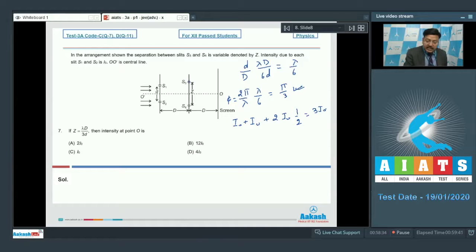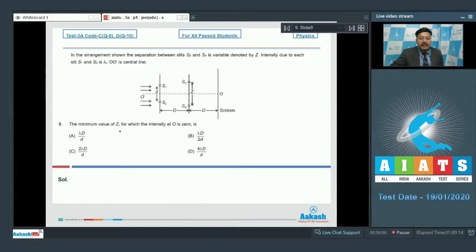So if intensity here is 3I0 and 3I0 here, due to constructive interference at O, it will become 4 times of that, and so the value of intensity at point O, by extending the arguments of the previous question, will be 12I0. So for question 7, the correct option is B. Let's go to the next question now.